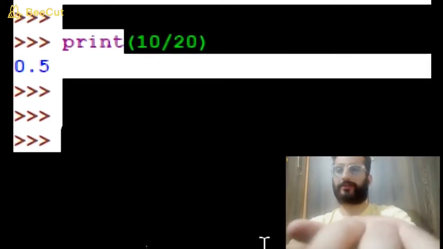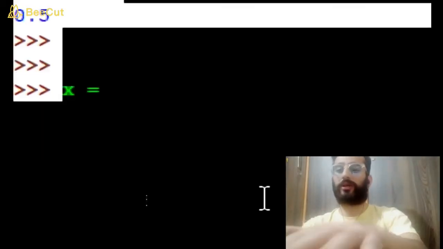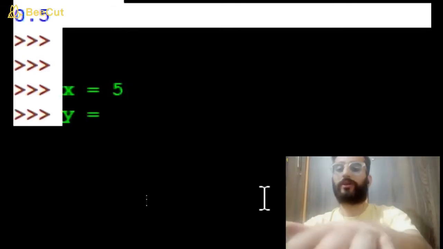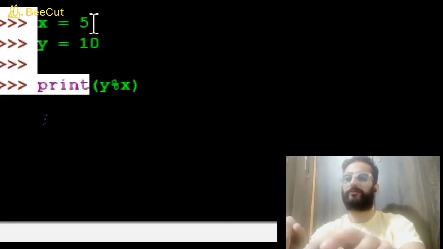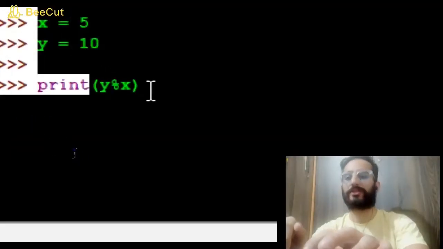Suppose x is equal to 5 and y is equal to 10. So both are integer variables and what we are doing is y modulo x.